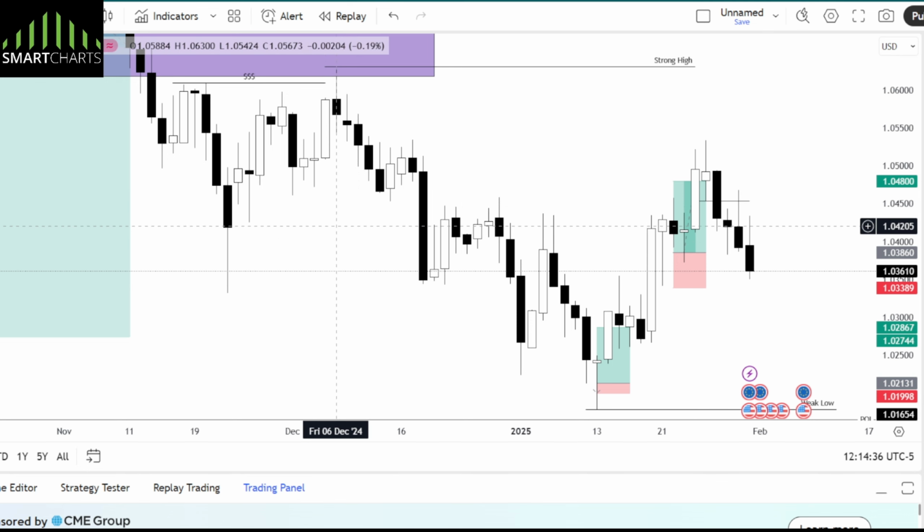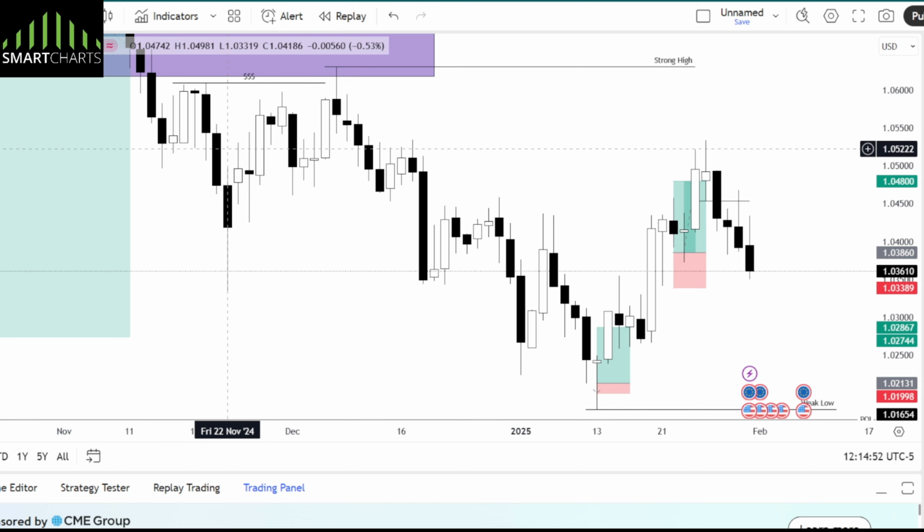So it's always important to check what is happening, because this was a smaller uptrend that had begun, but eventually this uptrend failed. After it took this liquidity, we saw it push back down. Same thing we are seeing here.